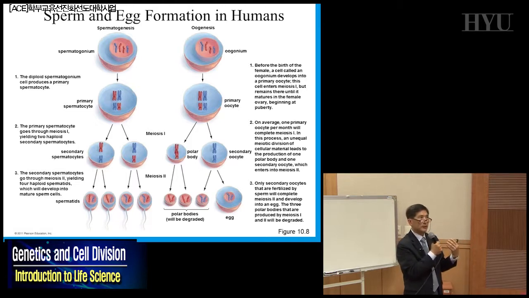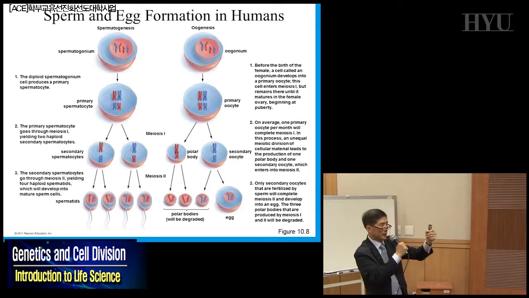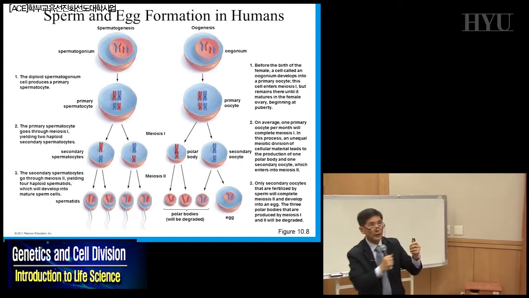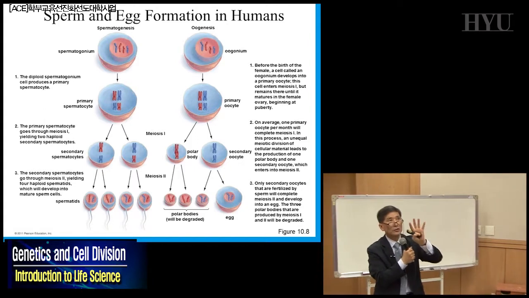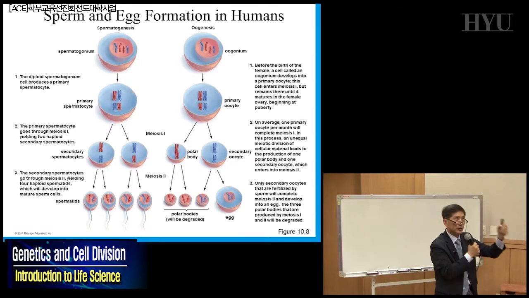With stem cells, if you divide into 2 cells, one cell keeps the characteristics of the parent cell. So you keep one cell as a stem cell, and the other primary spermatocyte goes through meiosis and generates 4 sperm, and you still keep the stem cells.